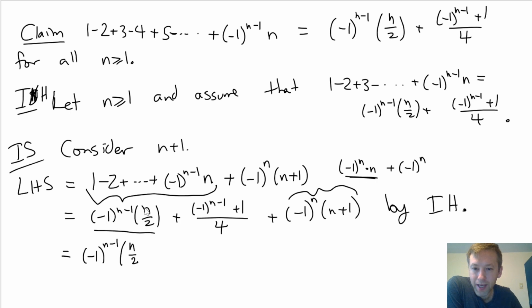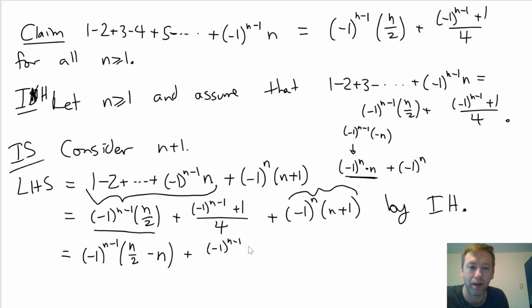This negative 1 to the n times n is the same as negative 1 to the n minus 1 times negative n. So I'm going to bring this over here. So I've got a negative n here. And the rest of what I've got left is negative 1 to the n minus 1 plus 1 over 4. And I've still got this thingy here, so plus negative 1 to the n.